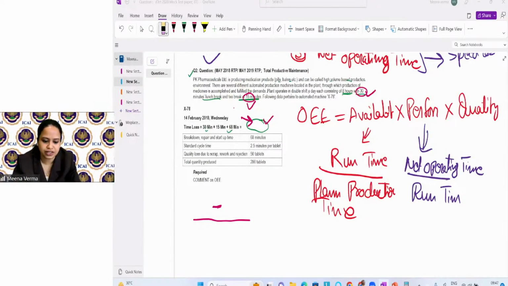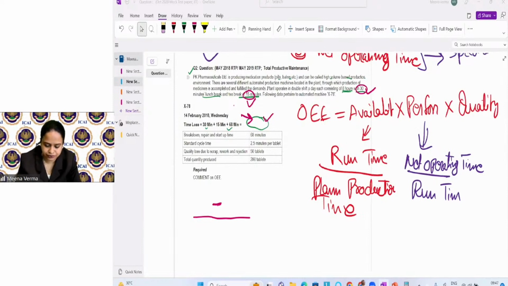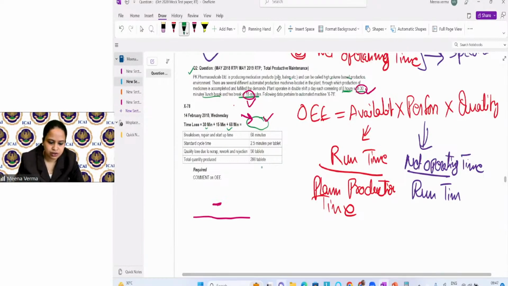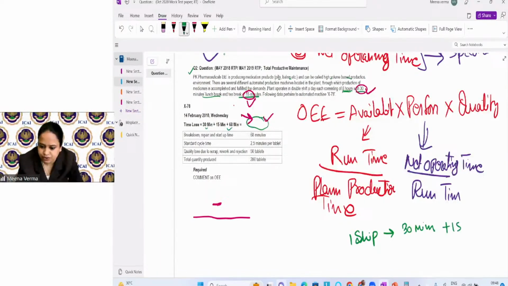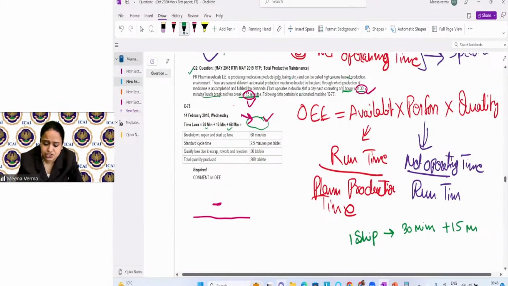One thing we have to check here. Give me 1 minute, let me write it somewhere. In the case of one shift, the worker is having these losses, right? The 30-minute loss and the 15-minute loss, lunch break and tea break. That is in one shift.